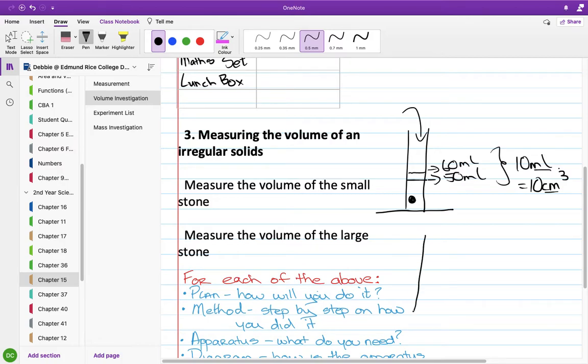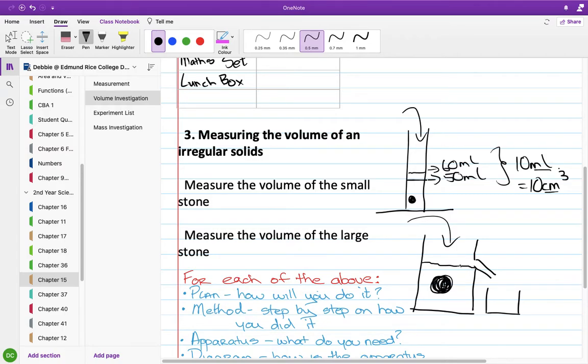But what we do in that case is we use our overflow can, which I know from your experiments most of you figured out. So you put the water into the overflow can and you fill it right up to the top. You actually fill it over the top and allow it to flow out until it's exactly at the top. And then underneath the spout you put in a beaker, and in here you drop in the large stone.